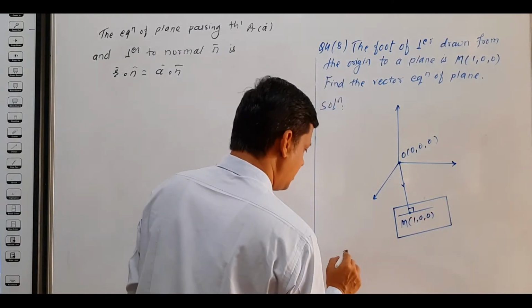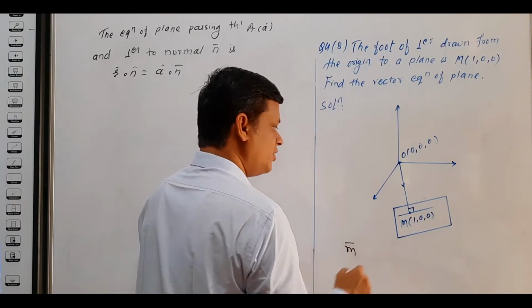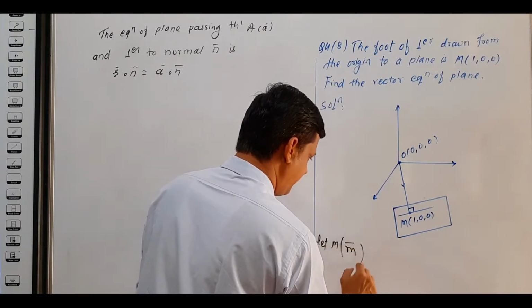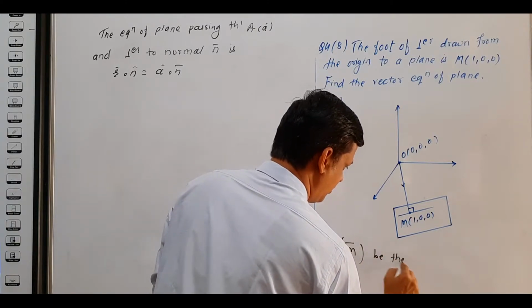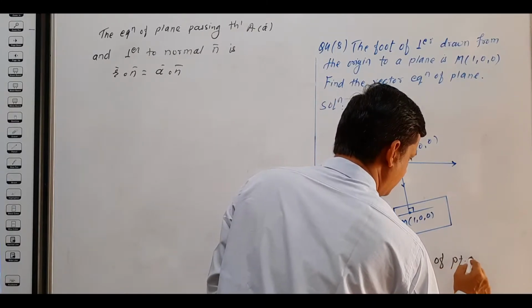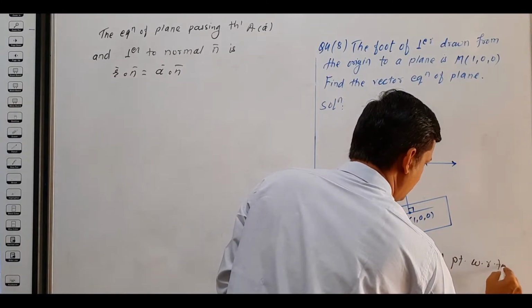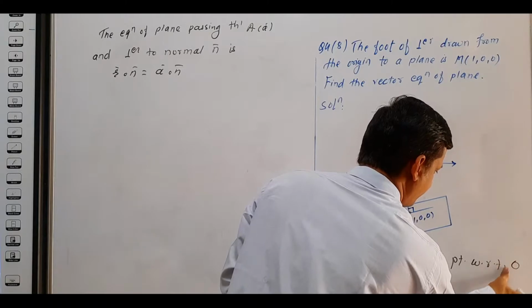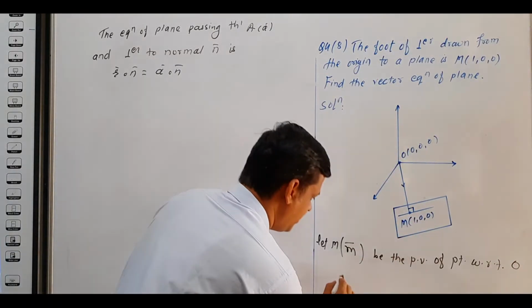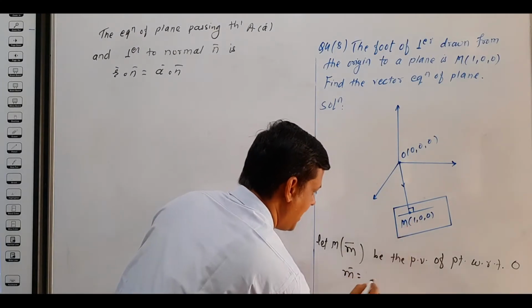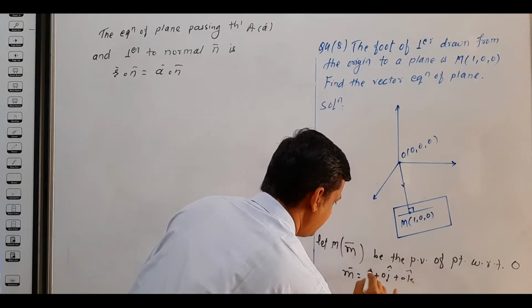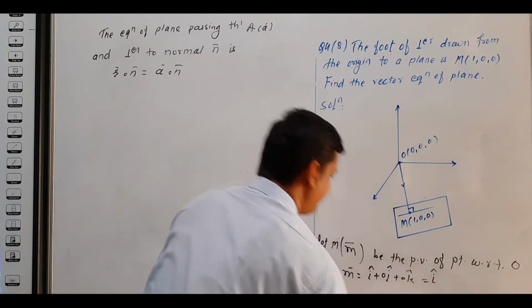If we consider m-bar as the position vector of M with respect to O, then m-bar is equal to i plus 0j plus 0k, that is equal to i.